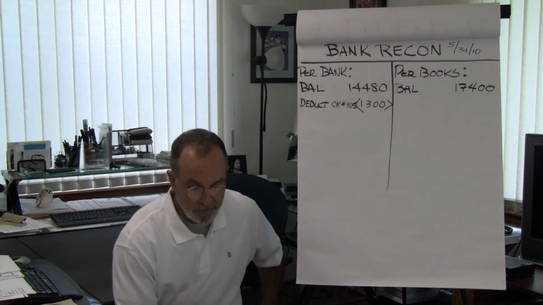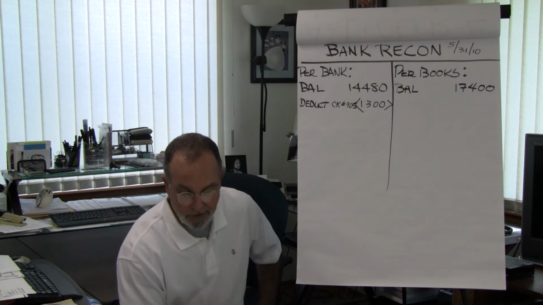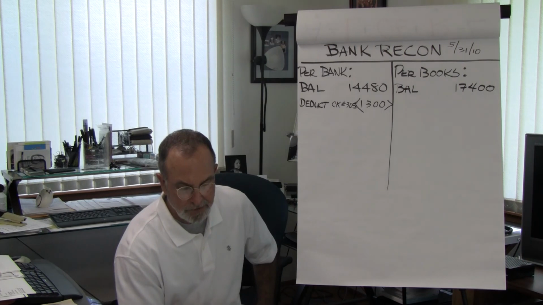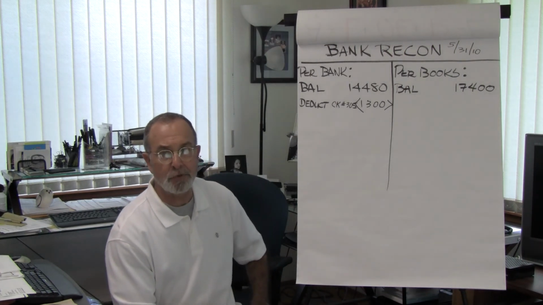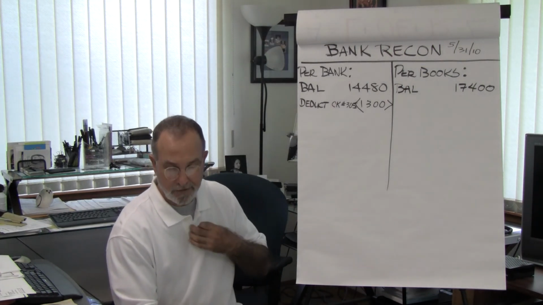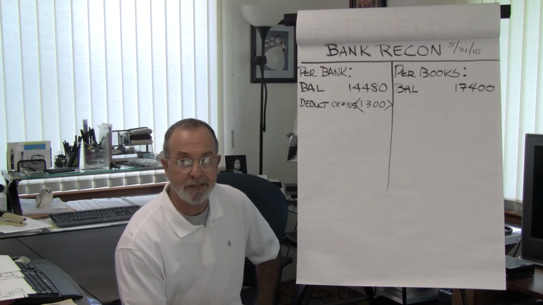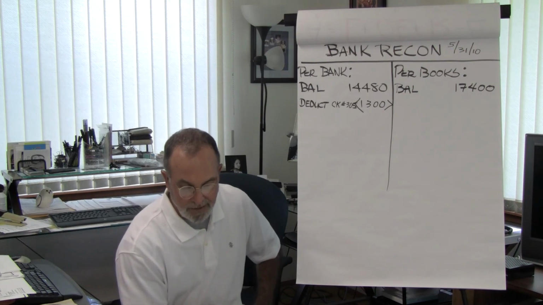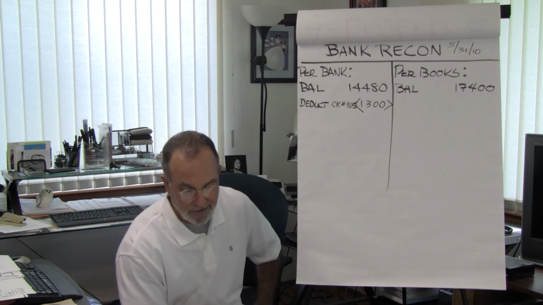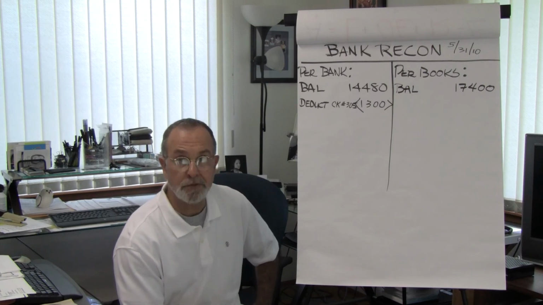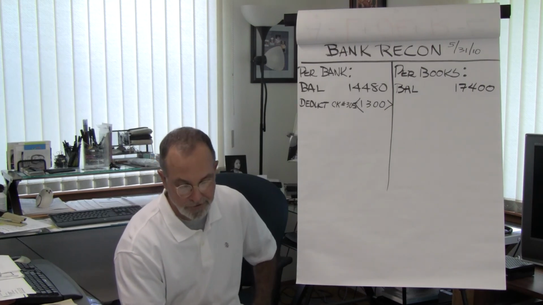As you recall, at the beginning of the problem, it says there were no deposits in transit at the end of April or at the beginning of the month of May, but a deposit was in transit at the end of May. And so we need to look at our deposits on the bank statement, and again we see the deposit on May 2nd, which was entered into our books on May 1st.